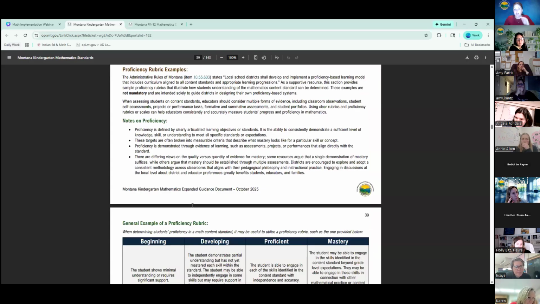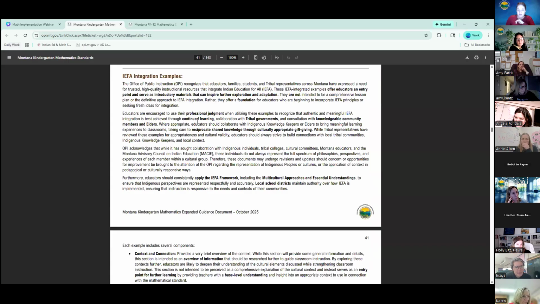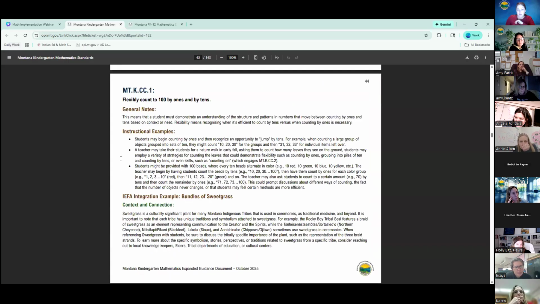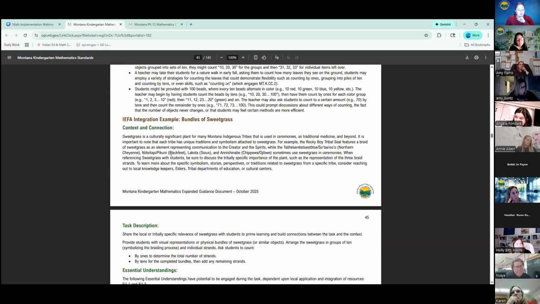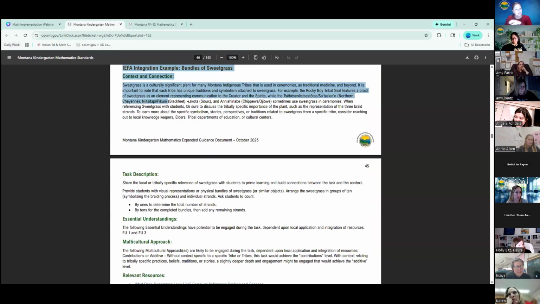We'll have these for all grade levels K-12, and they will include the specific standard, the general notes. You'll see some instructional examples. You'll also see an EFA integration example for every single standard K-12. So they're not full lesson plans. They're more like, here's an appropriate context, here's an example of a task.